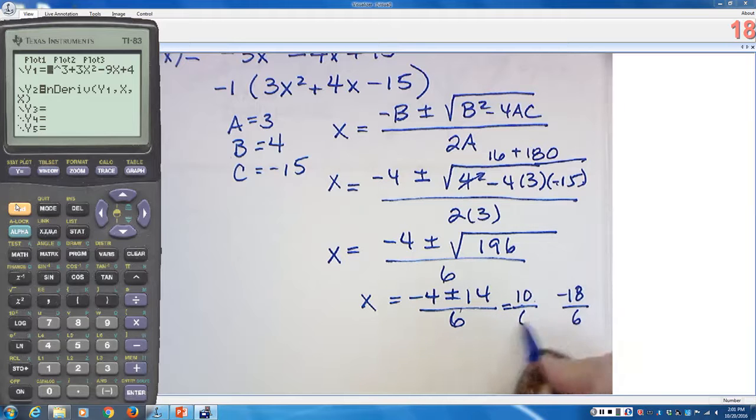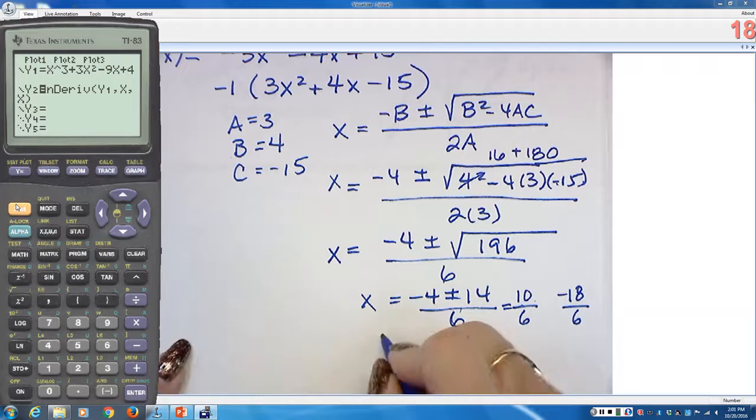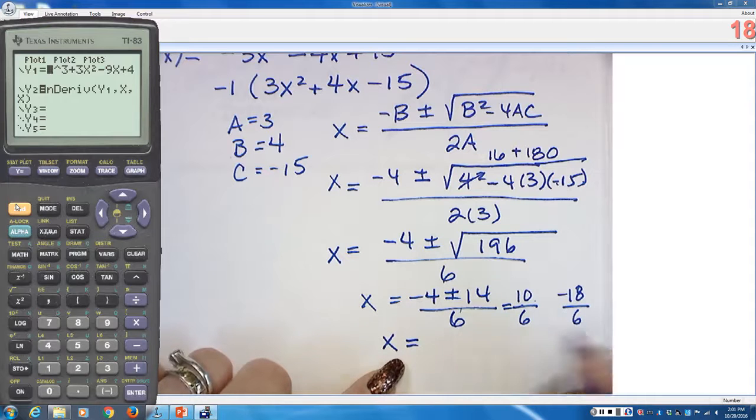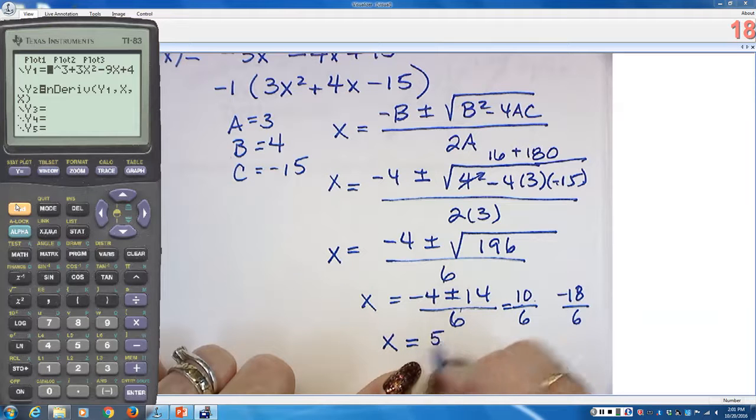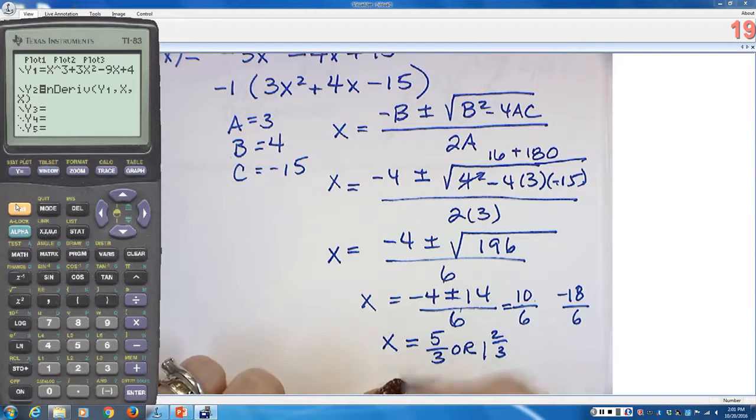So the derivative is equal to 0 when x is either 10 over 6, or 5 over 3, or 1 2/3. Don't make a decimal because it's not a terminating decimal.